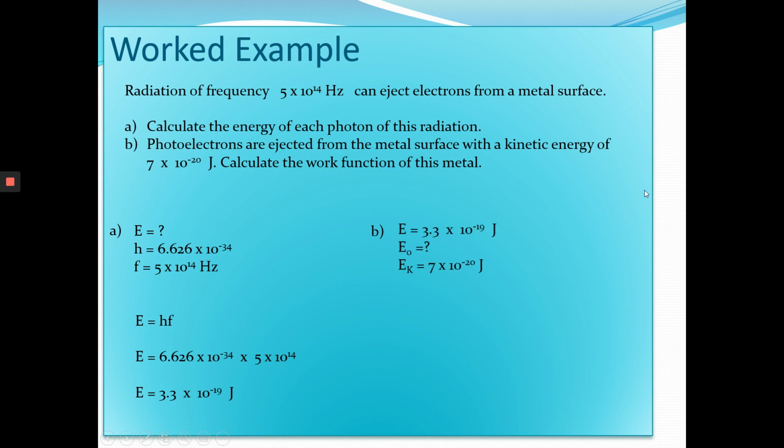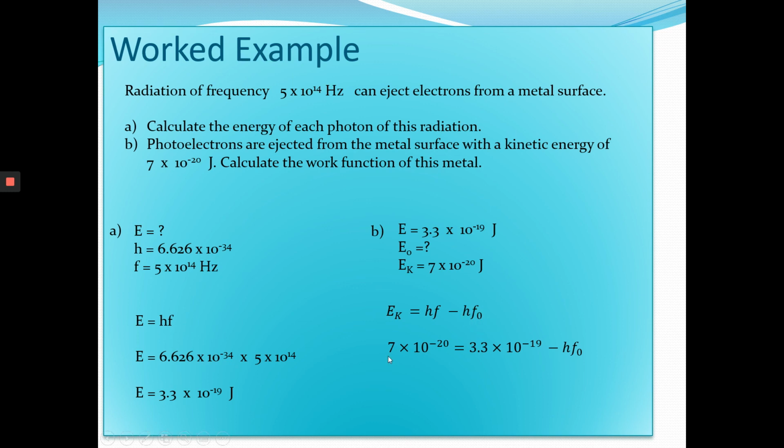So this is our list of things we know. We know that the energy of the photon is 3.3 times 10 to the negative 19, and we know that the leftover energy is 7 times 10 to the negative 20 joules. And we're trying to work out the work function. This is our equation, or obviously we can just have EK is equal to E take away E0, because E is equal to hf and E0 is equal to hf0.